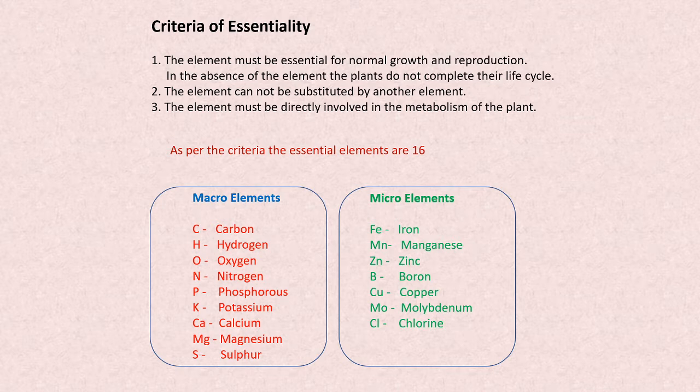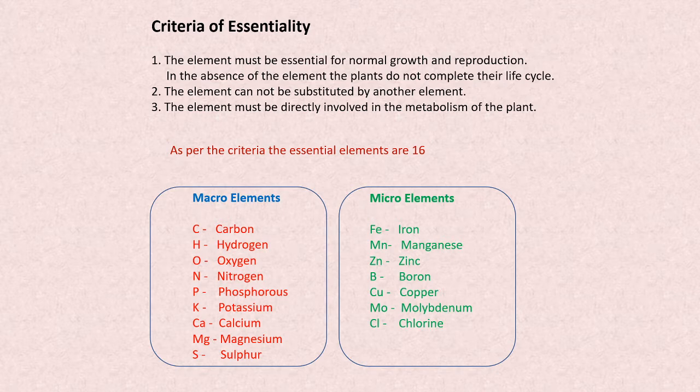And the list of essential elements has been built up over many years and perhaps even now not complete. But as of now, the current list of essential elements for flowering plants stands at 17 to 20.